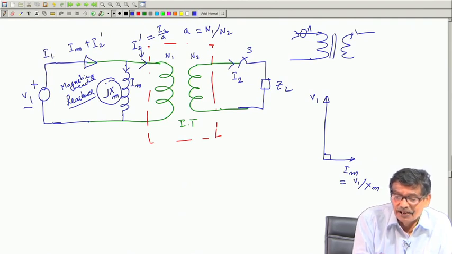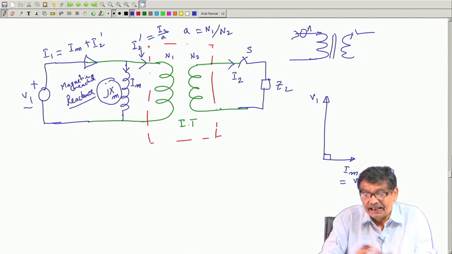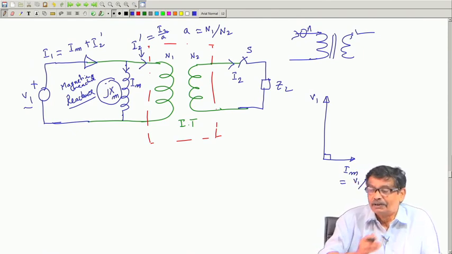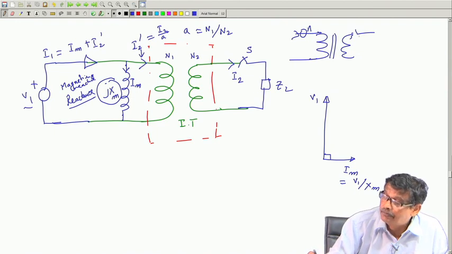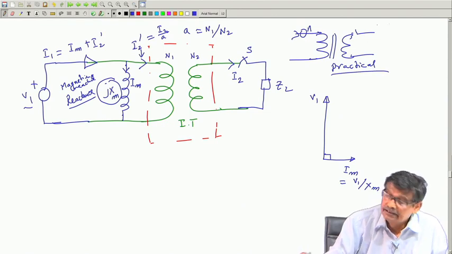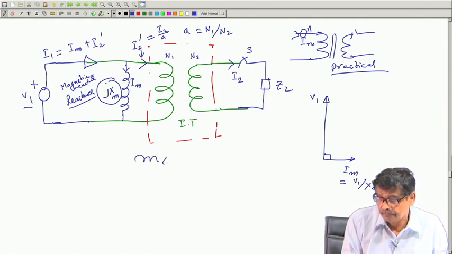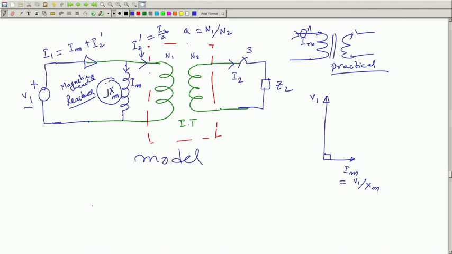And this will be your I1. You have to add this, and this is exactly and correctly representing what I have observed in a practical transformer with S open. With S open, current drawn is Im, is it? Yes. In this model, mind you, this model comprises an ideal transformer with a reactance.